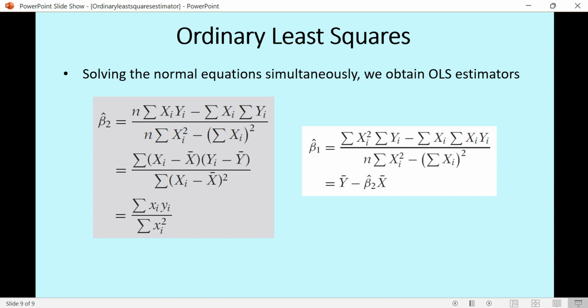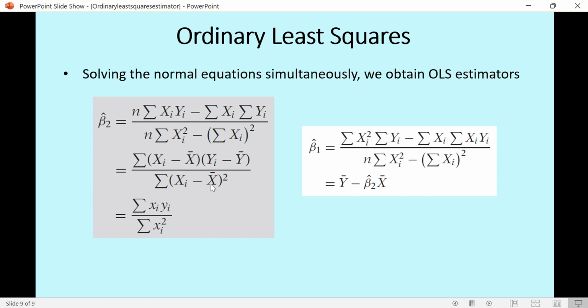Then sum all these observations of x together, then divide by the sample size, so we get the mean value of x. So each xi minus its mean value is the difference if we use lowercase letters. And similarly, lowercase yi is each observed y value in the sample minus the mean value of y.